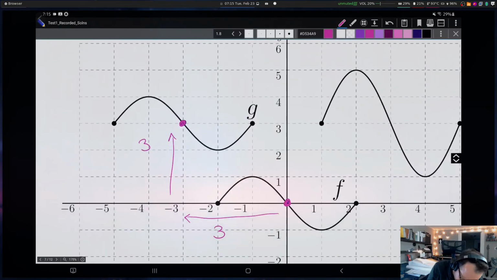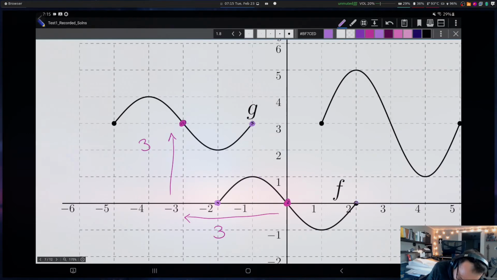Let's just see what happens when I shift this other special point, following these instructions, over by 3 and up by 3. So I get 1, 2, 3, and then 1, 2, 3, and I see it lands exactly on that point. So I think that's fine. I can do the same thing with this point. I do 1, 2, 3, and then 1, 2, 3, and I actually land at this point.